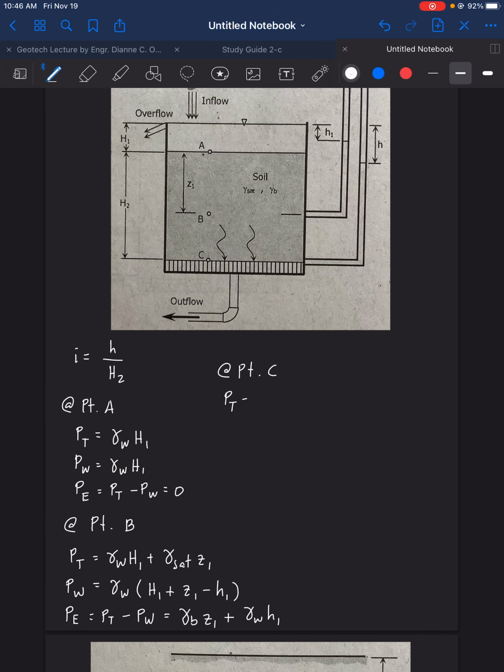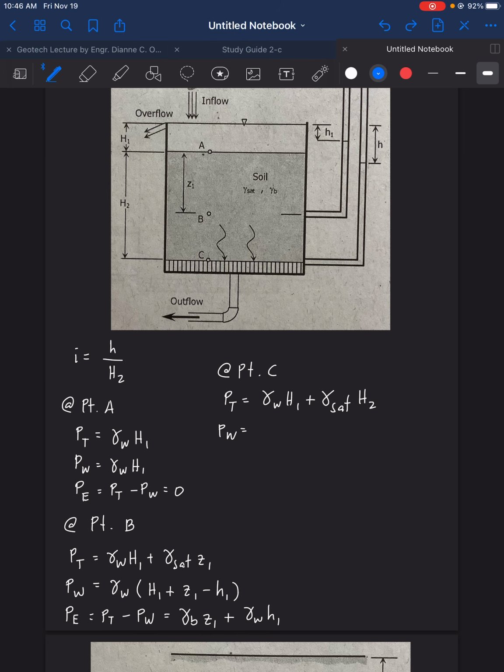So at point C located at the bottom of the setup, we get the P total equals gamma of water, height of water, plus gamma sat of the soil, total height of the soil. P water is equal to, again, let's concentrate on this tube here, inserted at the bottom.